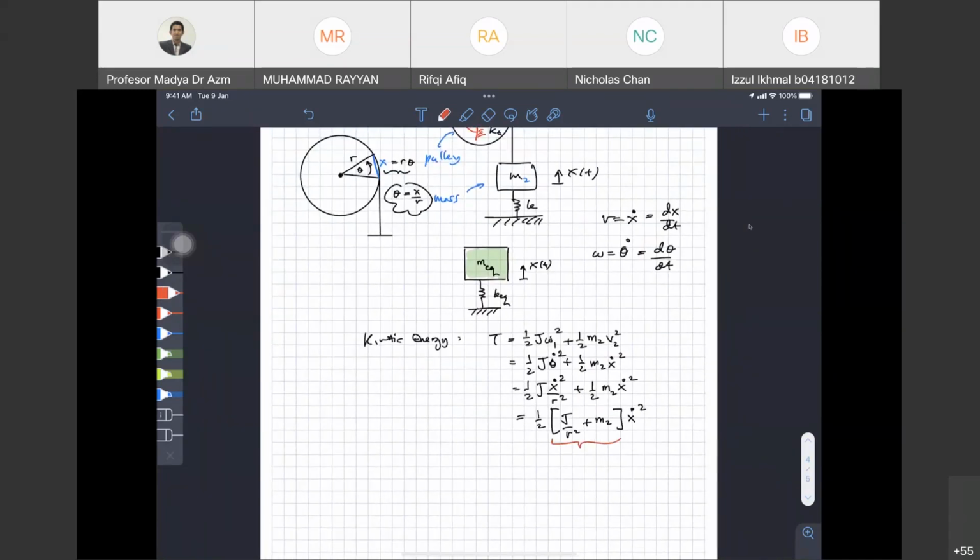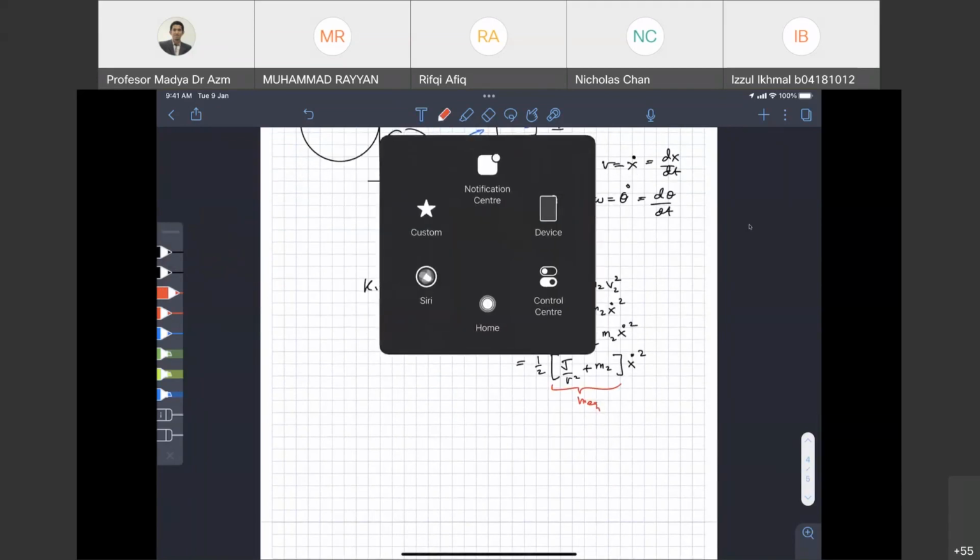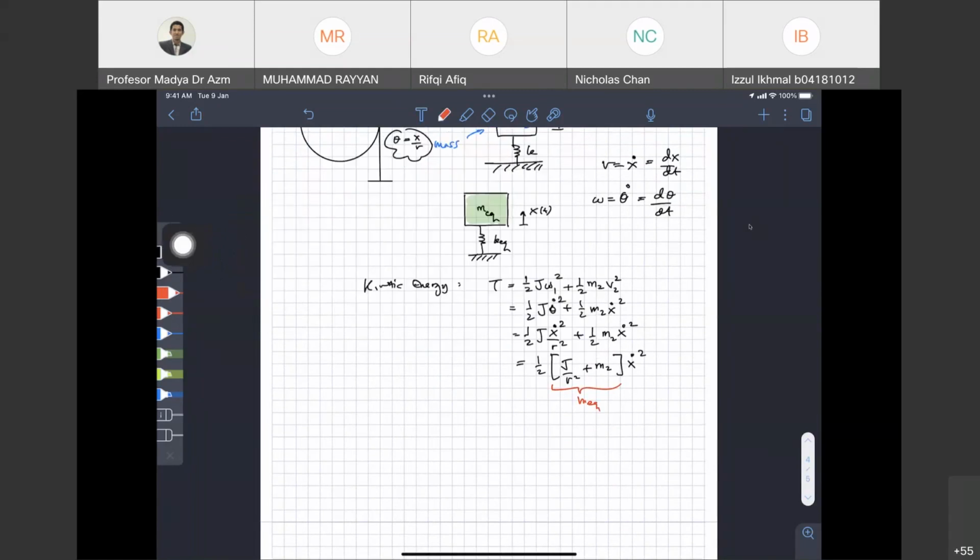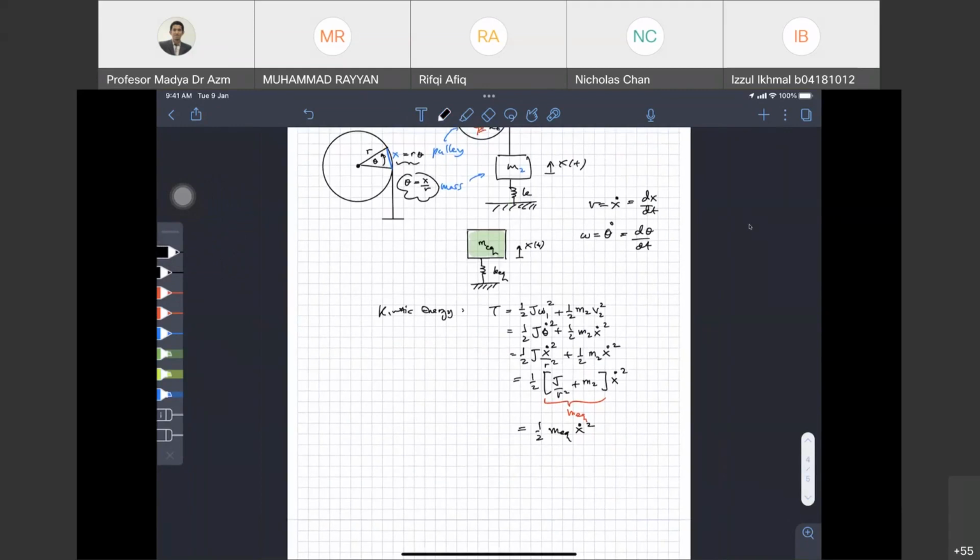This is what we call the M equivalent mass. The formula is M equivalent multiplied by x dot squared. So what is M equivalent? M equivalent is J over r square plus m2, where r is the radius of the pulley.